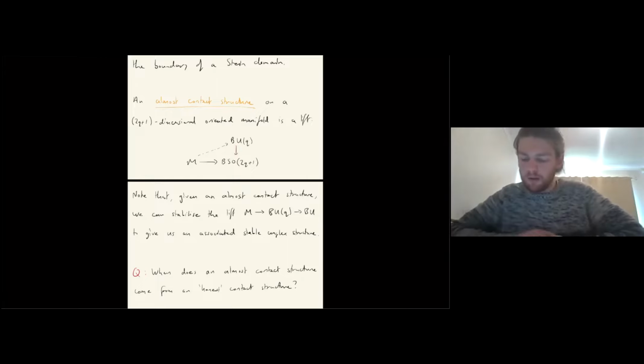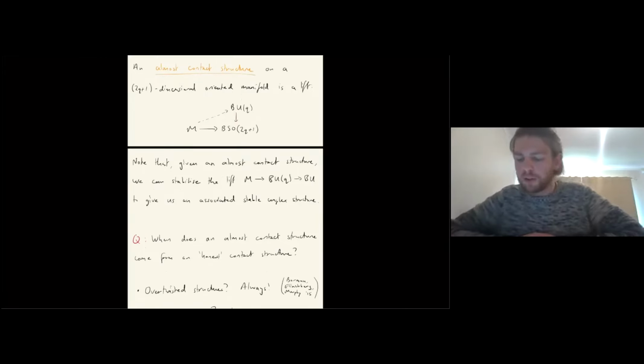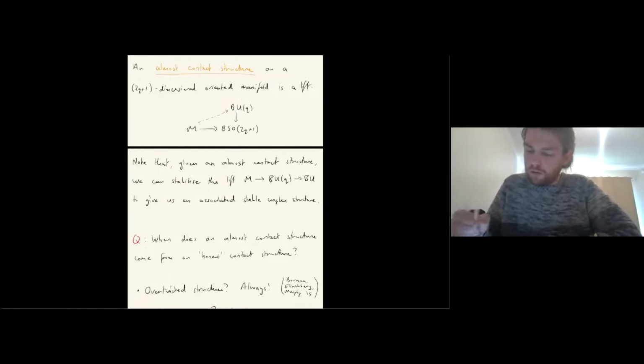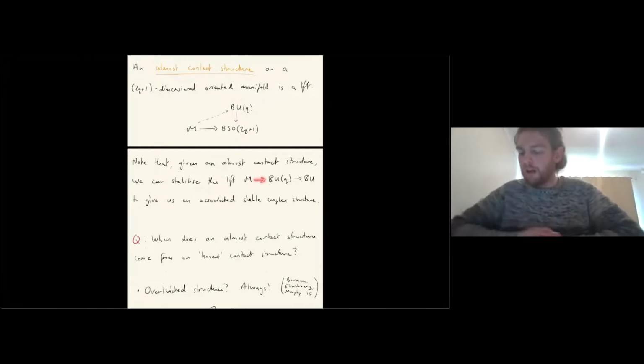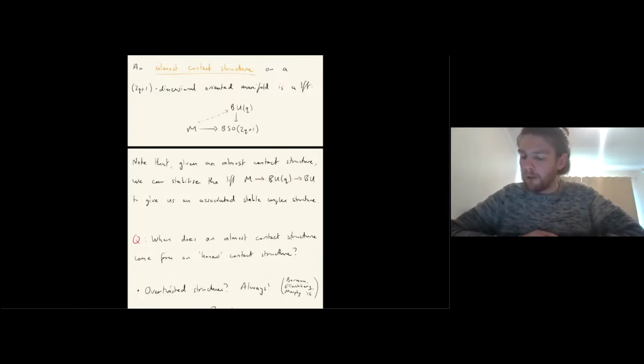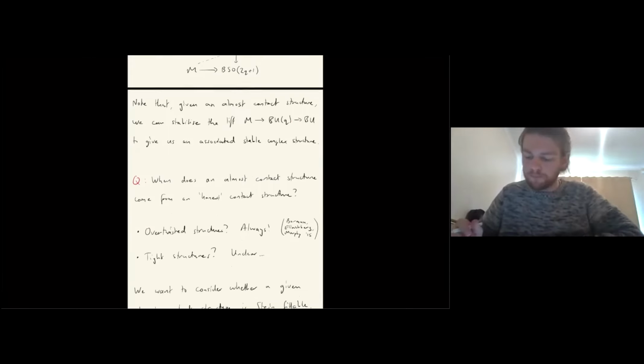There's a natural map, and this gives you an almost contact structure. And anytime you have an almost contact structure, you get this map from M to BUQ, and you can stabilize that by composing with this map to BU. So you get an associated stable complex structure. And that's where this relationship with U alpha bordism is going to come in.